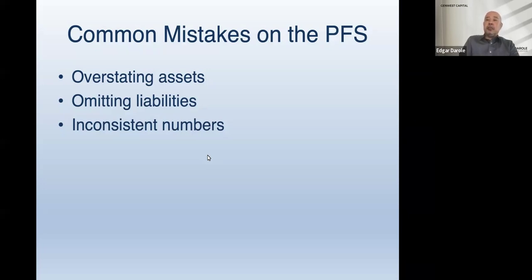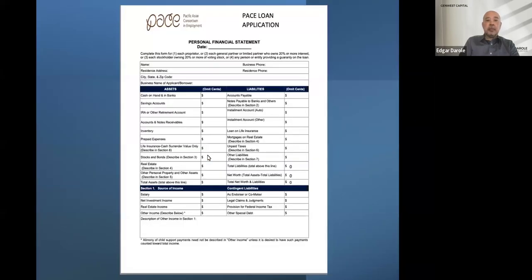Okay. Now let's look at an actual personal financial statement. Again, we're using PACE's loan application, or personal financial statement rather. As you can see, most personal financial statements are the same format.